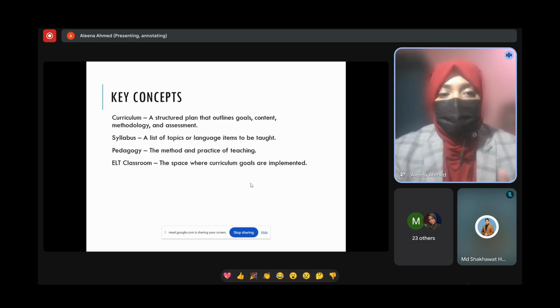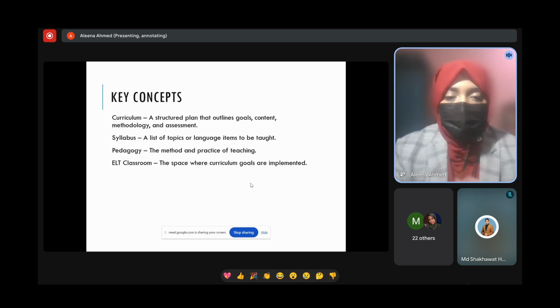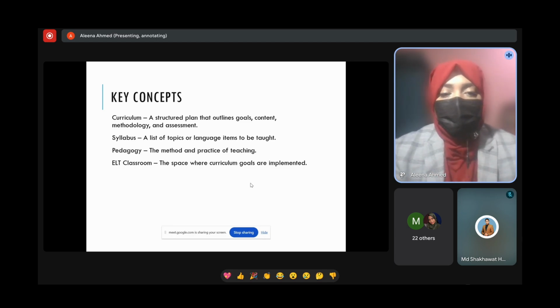It also includes a syllabus. A syllabus is a list of topics or language items to be taught. A content can be anything. Pedagogy is the method and the practice of teaching. Definitely, we have a lot of methodologies in English language teaching, and you know the direct method, indirect method, communicative language teaching, audiolingual method, CLT, and so on.